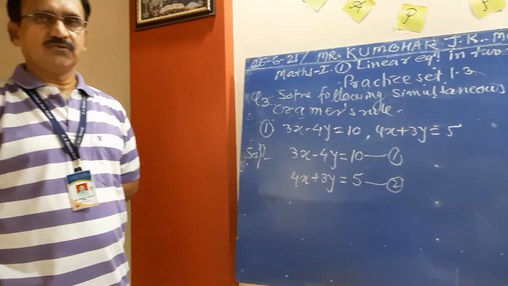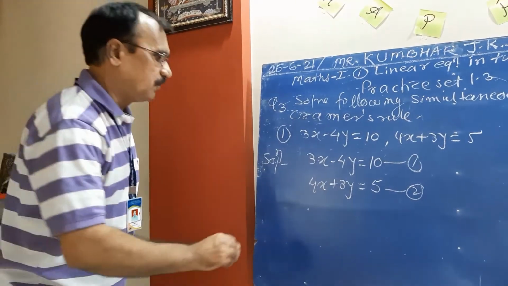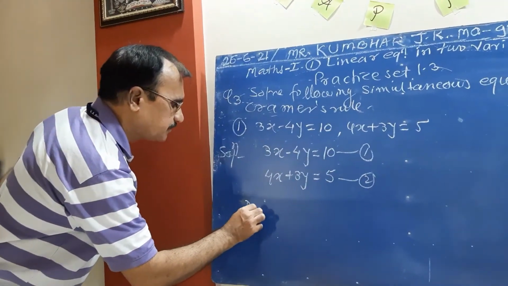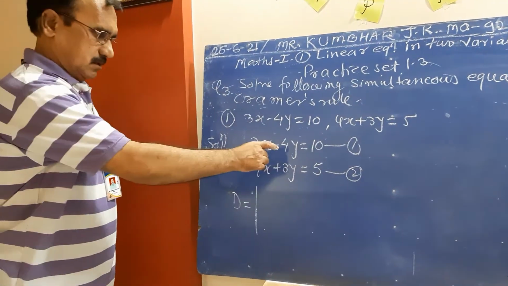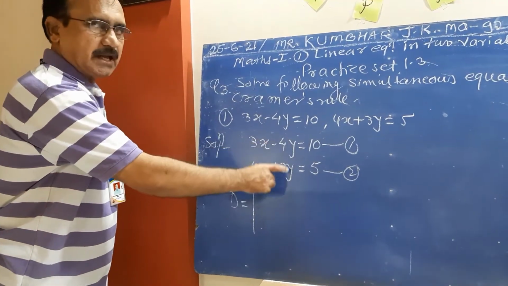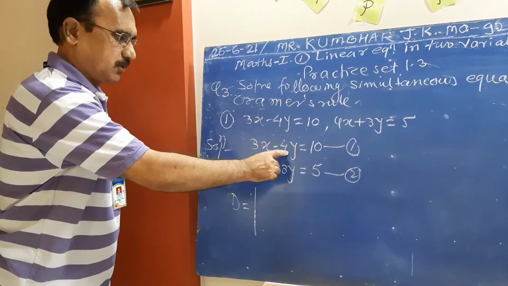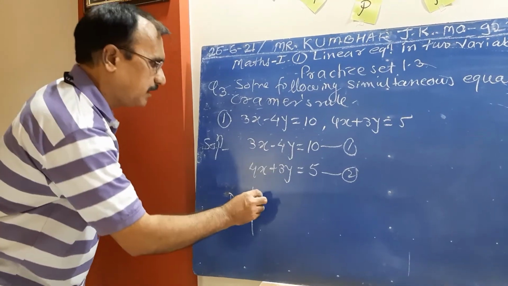You know, first we have to find the value of D, the determinant. D is equal to, what is the formula? First, these main players a1, a2, b1, b2 are the main players.